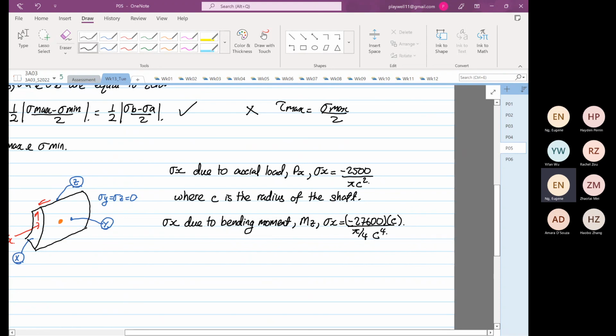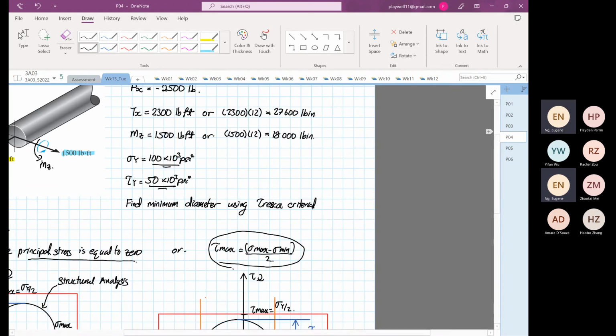So this will be equal to 27600, wait, 150 times 12. Hold on, did I get my moment value?